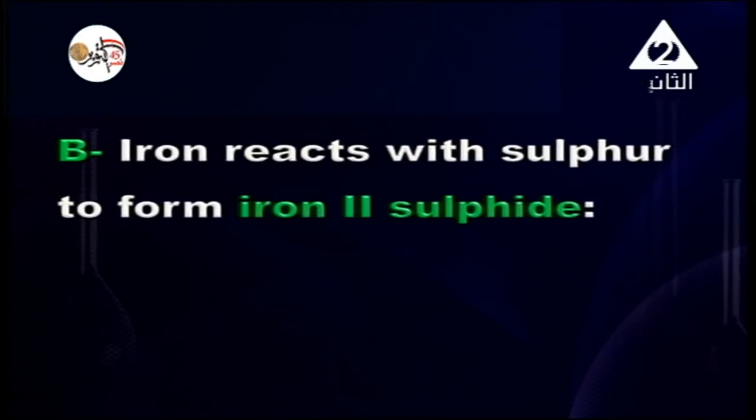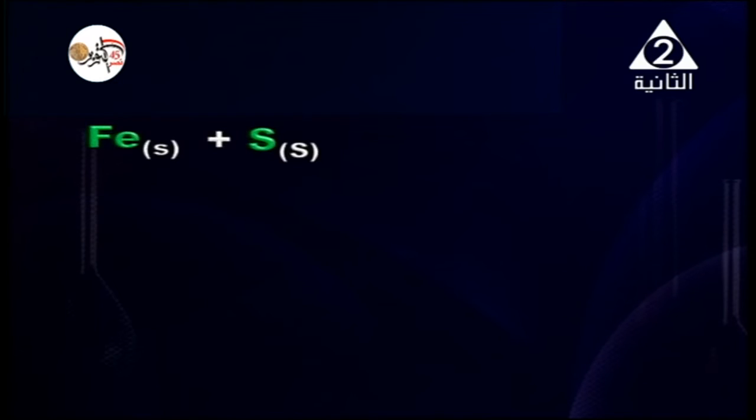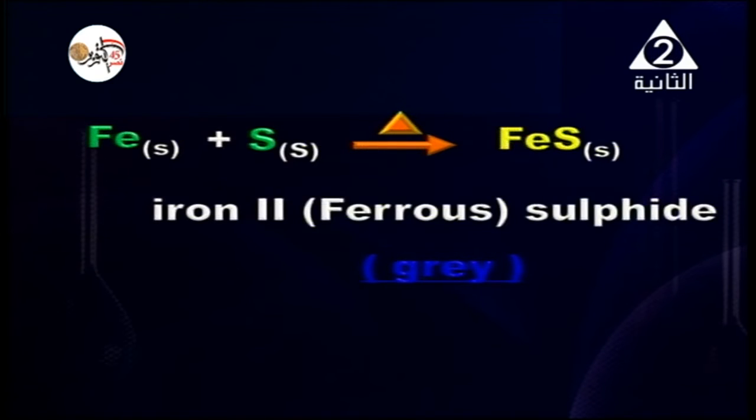Now we are going to discuss the reaction of iron with sulfur, which is another non-metal. It forms iron(II) sulfide. As the reaction on the screen shows, iron plus sulfur by heating gives iron(II) sulfide, or ferrous sulfide, as the following animation shows.